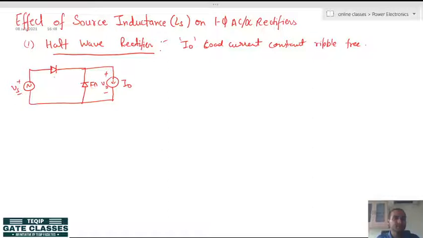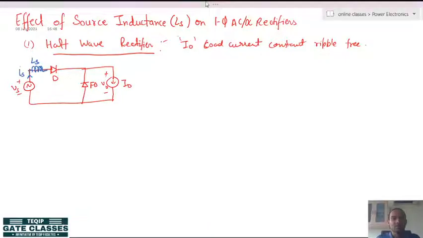This is the main diode D, and let us add some source inductance here. Now this is the source inductance Ls. Now let us start its working, how it is going to work. Let us say this is Is.